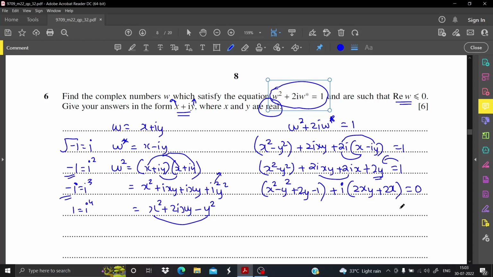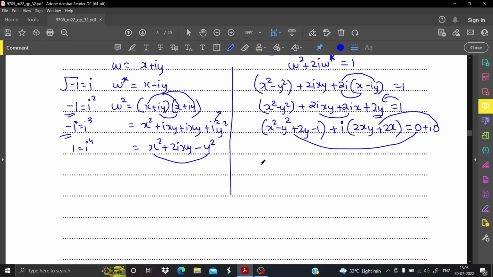Now when you say equal to 0, it means the real part is 0, and also the imaginary part is 0. So when you compare the real with the real, and the imaginary with the imaginary, this will give you two conditions.